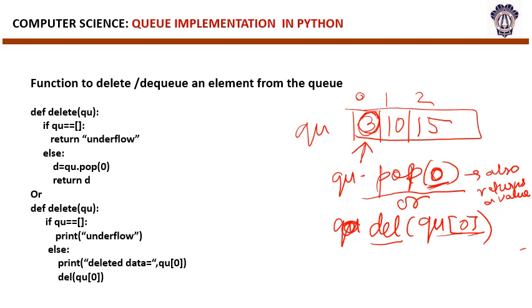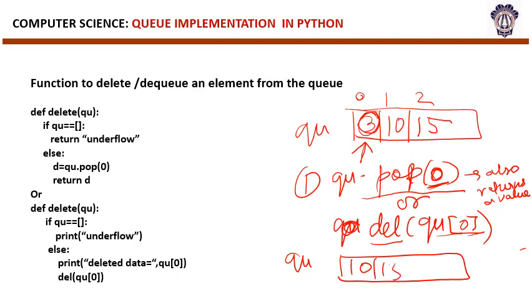So, if I execute this statement, my Q will become 10, 15, with indexes 0, 1. If you want to delete 10, you again have to write QU.pop0 or del QU0.